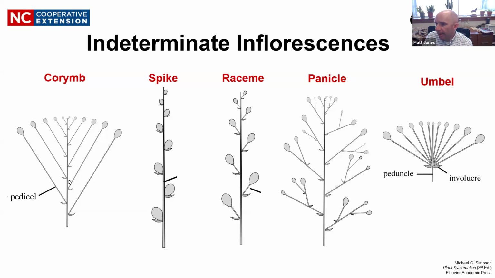If you take a raceme and adjust the length of the pedicels so that all of the flowers are occurring in roughly the same plane, it's called a corymb. If you compress the distances between the flowers on the raceme to a single point, it's called an umbel.